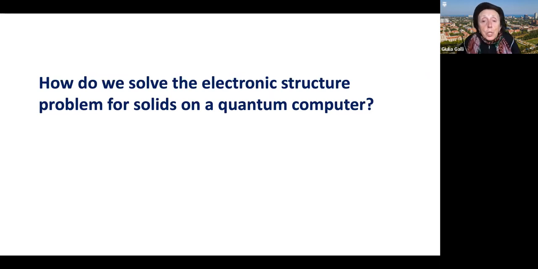So now how do we solve the electronic structure problem if we want to use a quantum computer? Of course, the very first question is, why would you want to use a quantum computer, right? And what's the interest there?